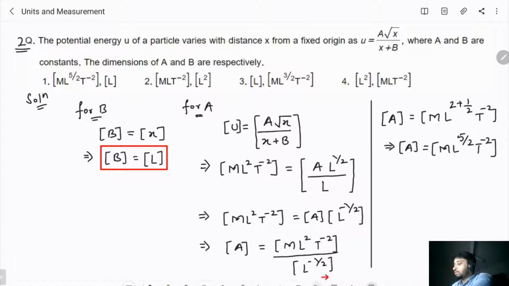So this will be the dimensional formula for A. So for A we have M L to the power 5 by 2 T to the power minus 2, and for B we have L. So here the answer will be the first option.